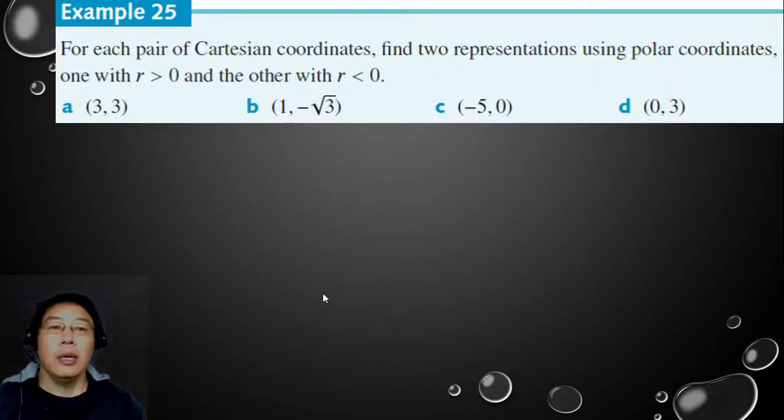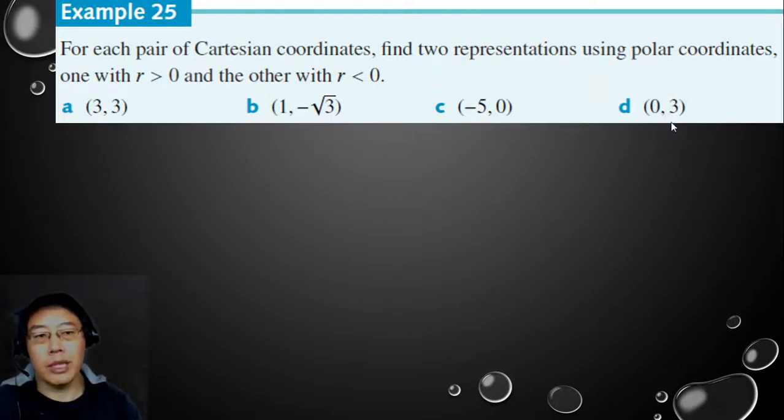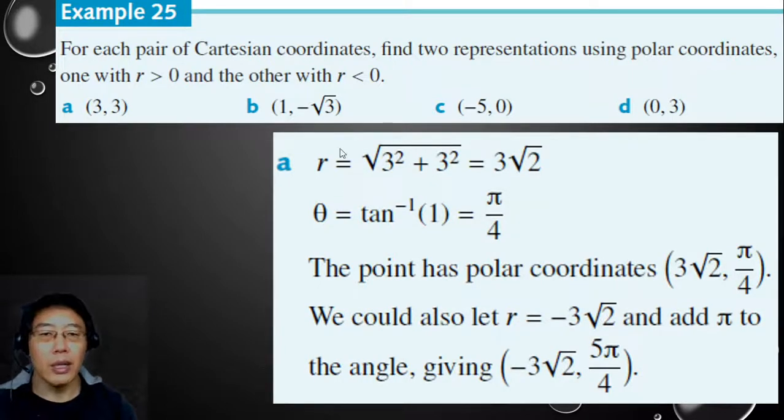Okay. Now for you to practice, you have Cartesian coordinates, and you need to turn them into polar coordinates in two ways, one with a positive r and another with a negative r. So you use your expressions, you find your radius and your angle.